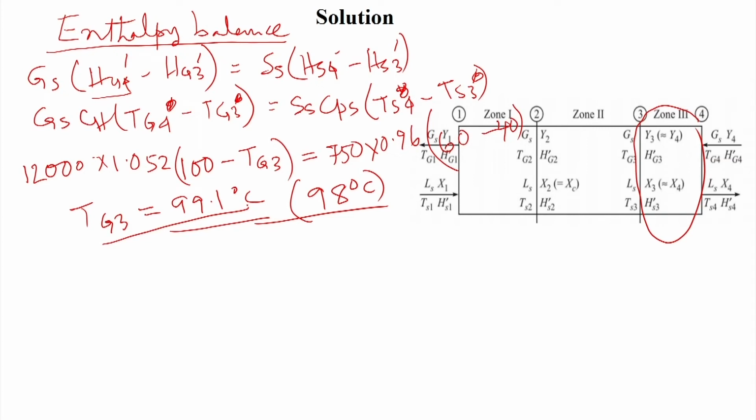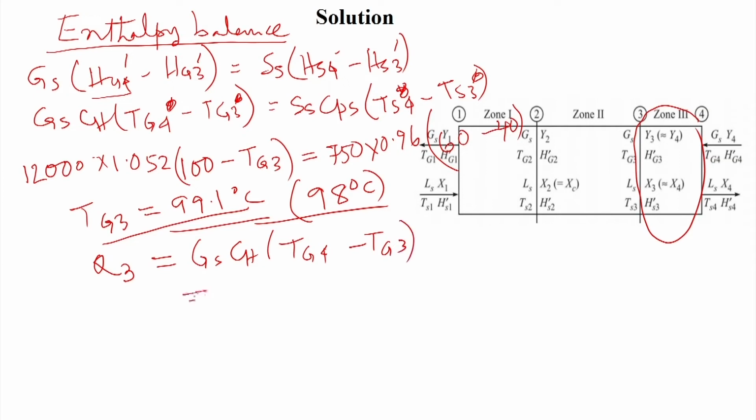So, we can assume that Tg3 is equal to 99.1 degree Celsius. Okay. Now, in zone 3, Q3, whatever the heat flow is, is equal to Gs into Ch into Tg4 minus Tg3.